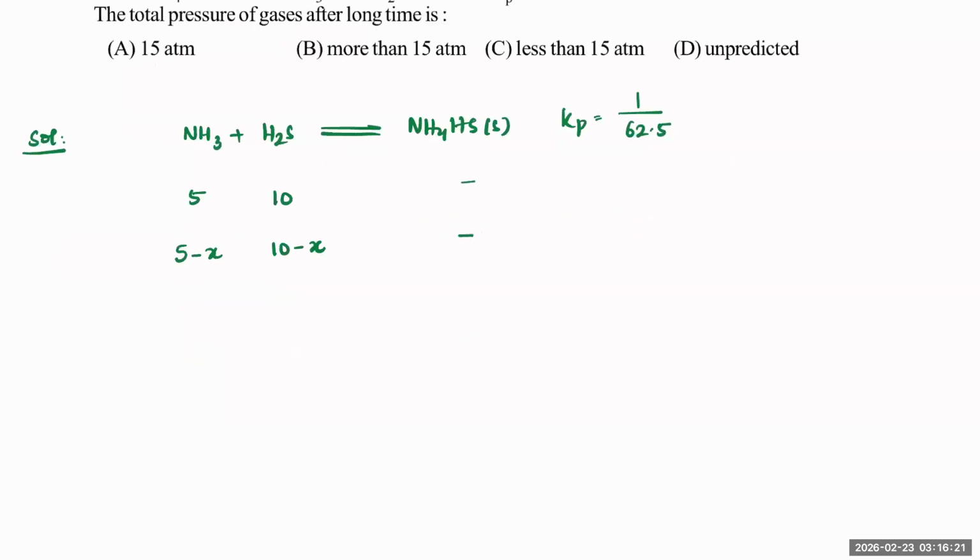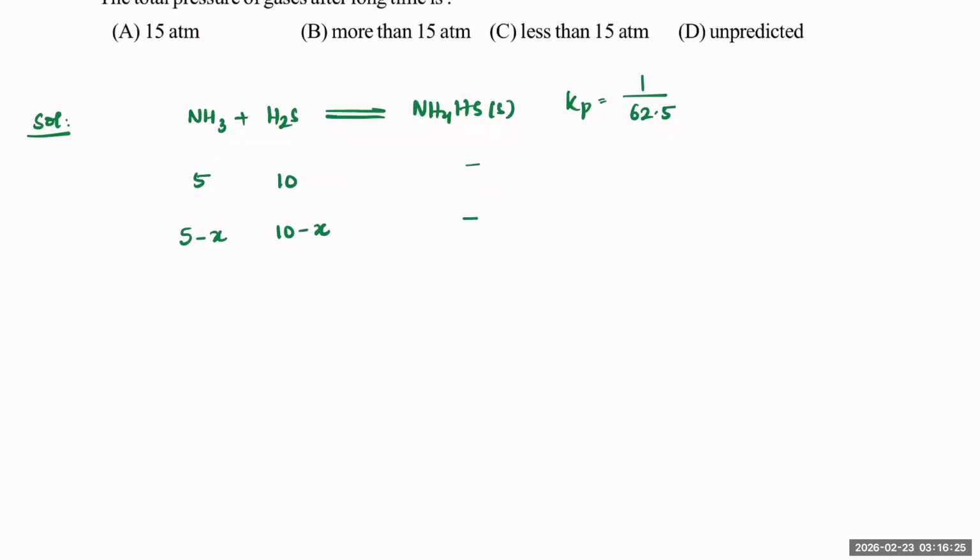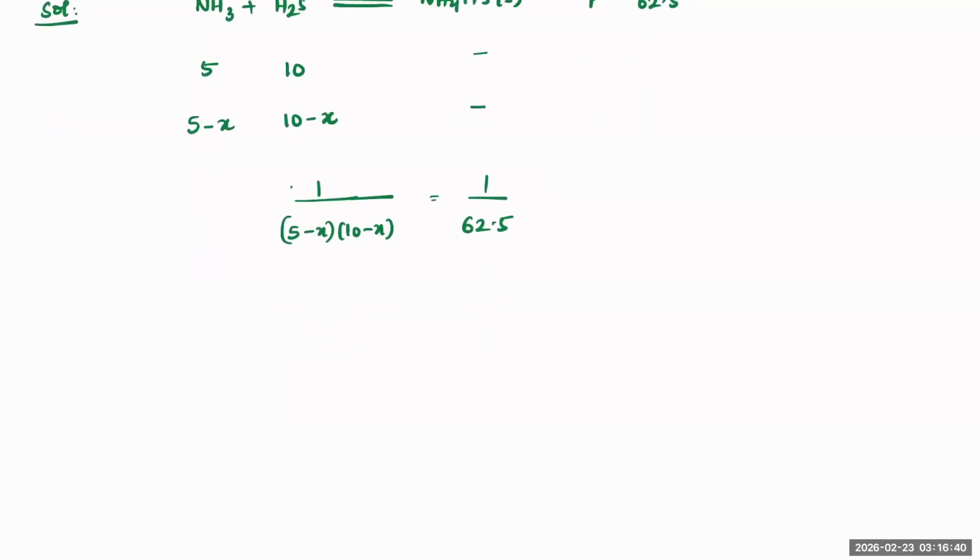This will be Kp. So I can say that Kp value will be equal to 1 by 5 minus x into 10 minus x for this equilibrium. That has to be 1 by 62.5. Got it? So 62.5 is equal to 5 minus x into 10 minus x. Right?